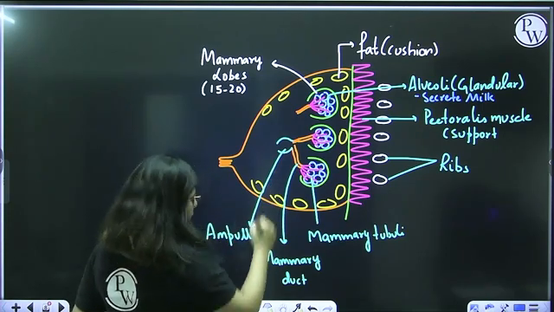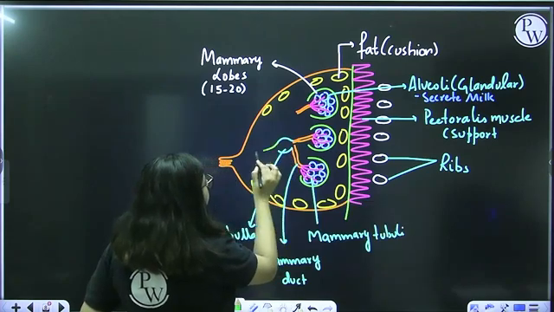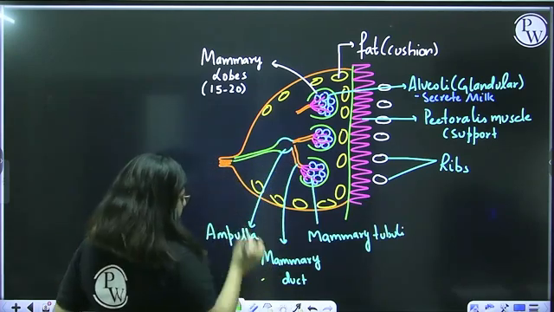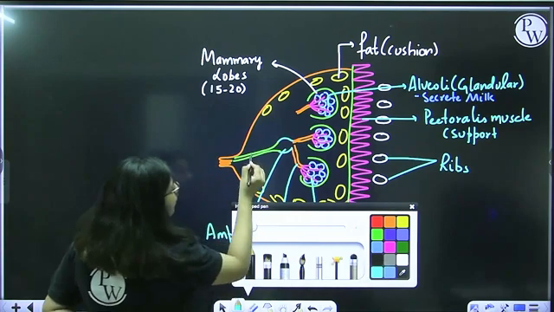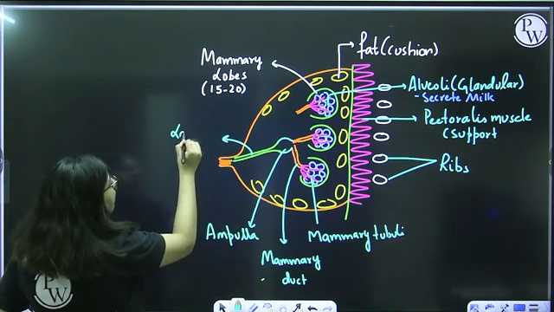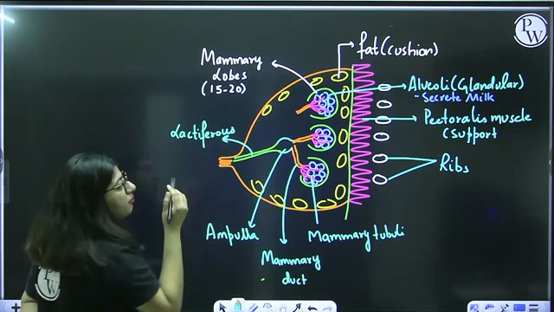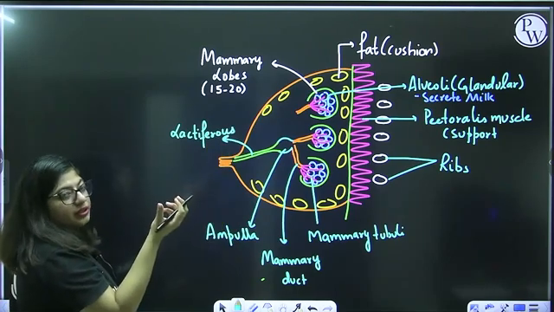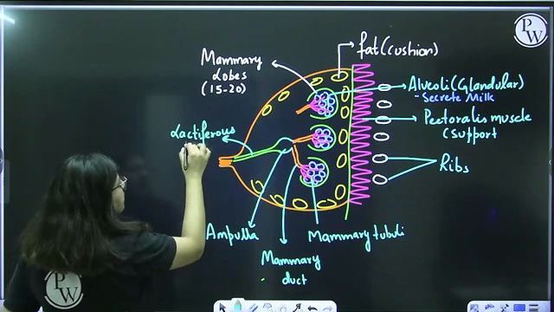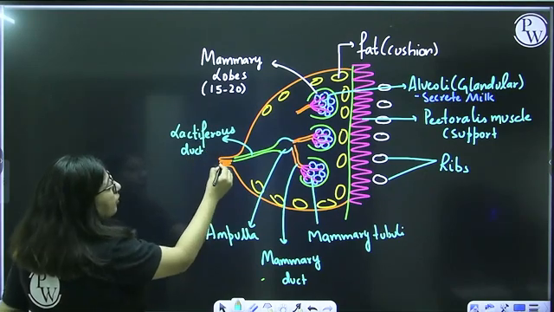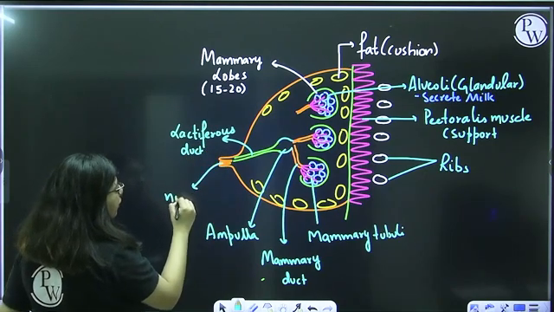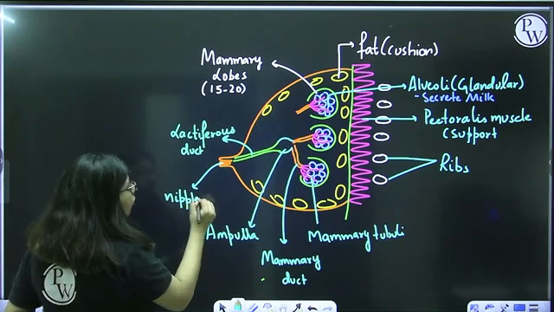Now this ampulla will open into a duct known as lactiferous duct. Lacto word is used for milk, lactose sugar, right? Milk sugar. So this is the lactiferous duct, which will open to the outside through the nipple. So that's the route of your milk.